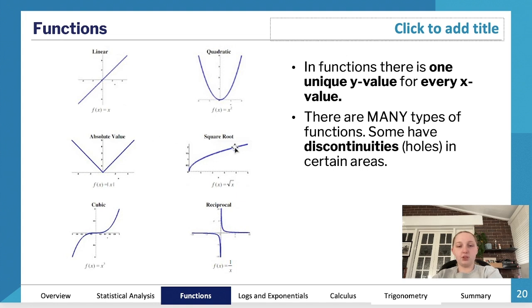Same thing, square root function, each x value's only got one y. Our cubic, each x value's only got one y value, and same thing that we've discussed about our graph of the reciprocal as well. So yeah, with these functions, we can test whether a graph is a function.